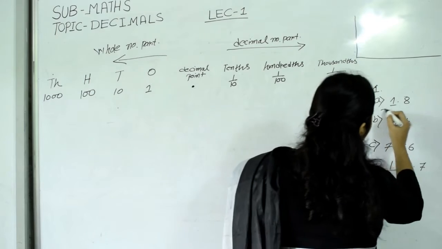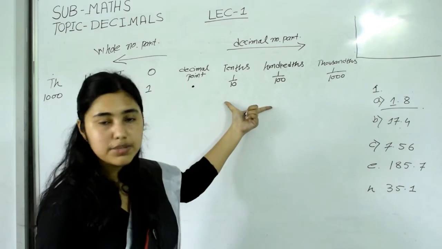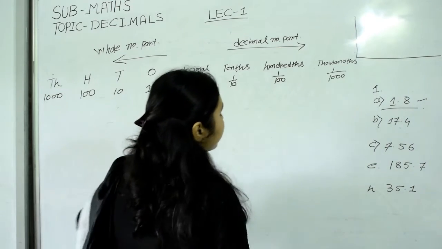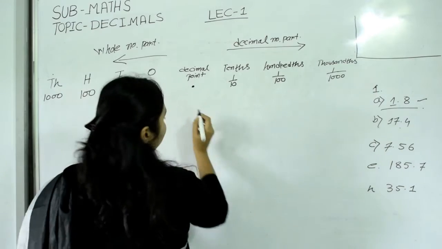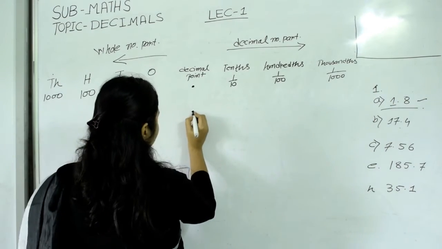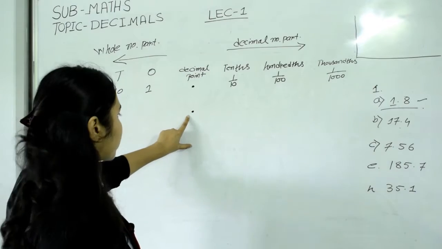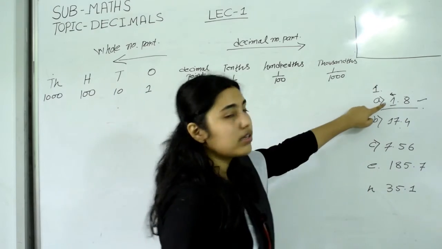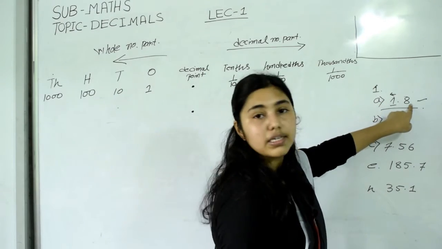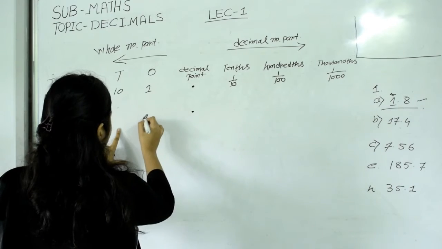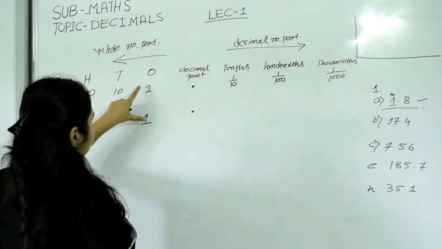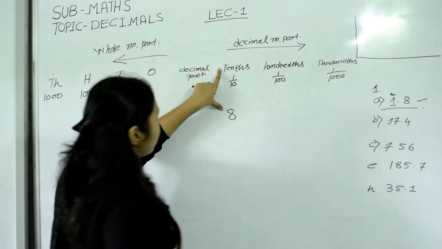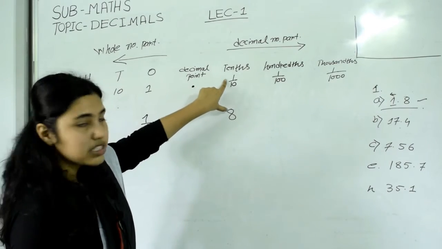So first put this number in this place value chart. 1.8, which means first put this point. Now here we have 1 whole number and 8 tenths. 1 in place of ones and 8 in place of tenths.